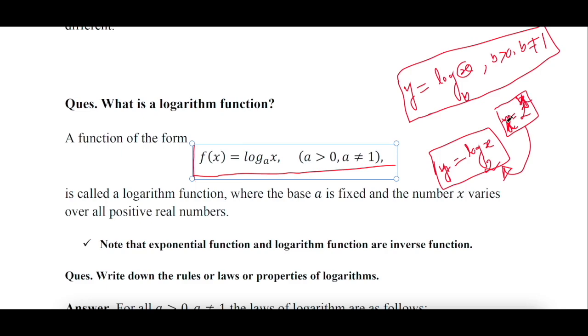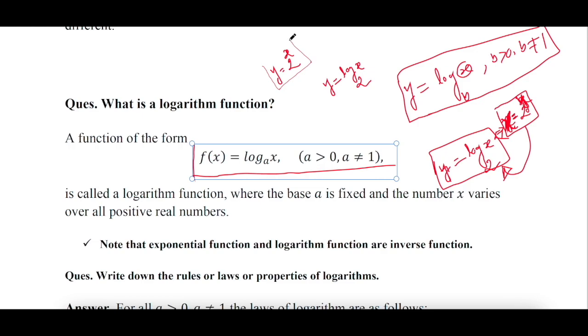These are equivalent relations. However, y equals 2 to the power x is an exponential function having base 2, and y equals log x is a logarithmic function having base 2.